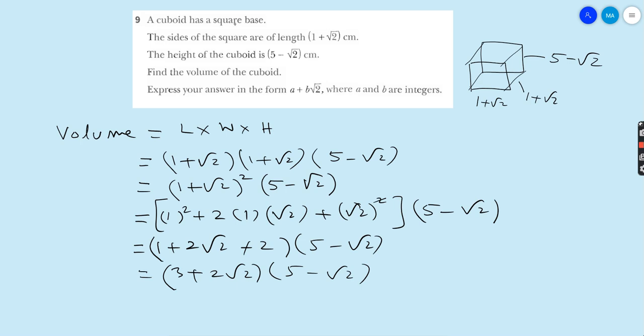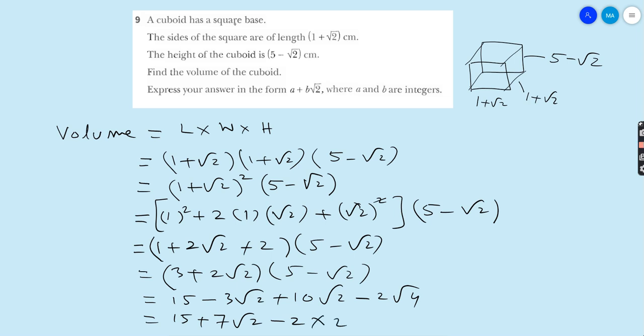Multiply these two brackets. 3 5s are 15. 3 into root 2 is 3 root 2, plus 5 2s are 10, 10 root 2, and 2 root 2 into root 2, minus 2 root 2 into root 2 is root 4. 15, 10 root 2 minus 3 root 2 is 7 root 2, minus 2 into root 4 is 2.